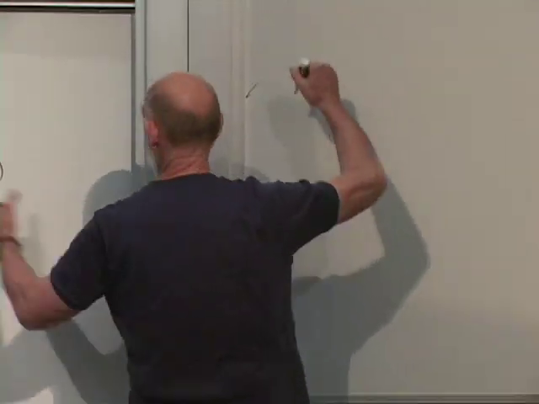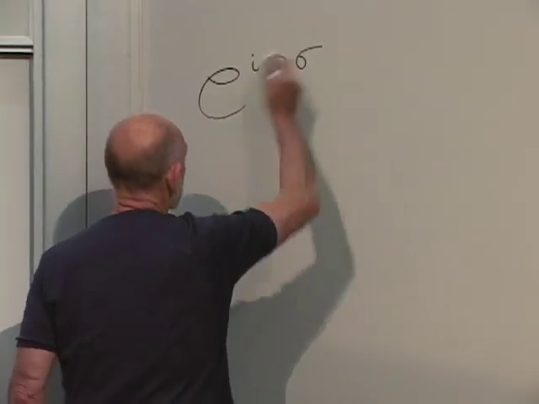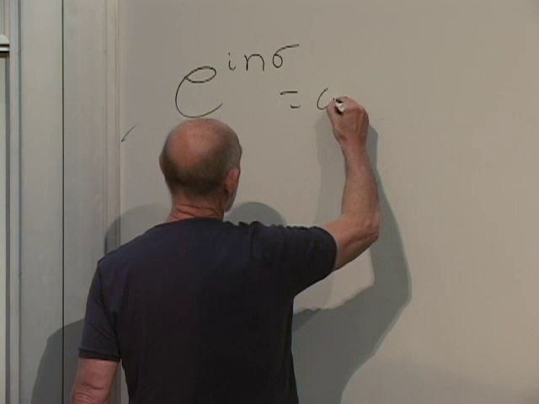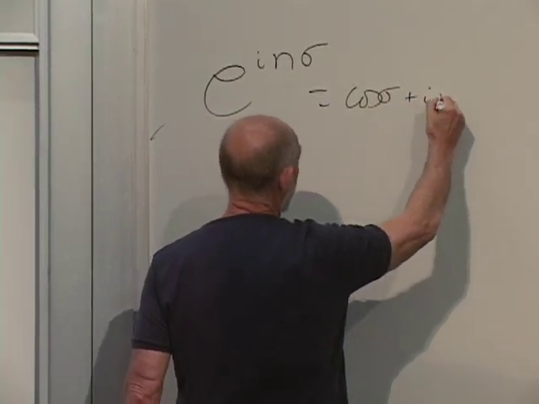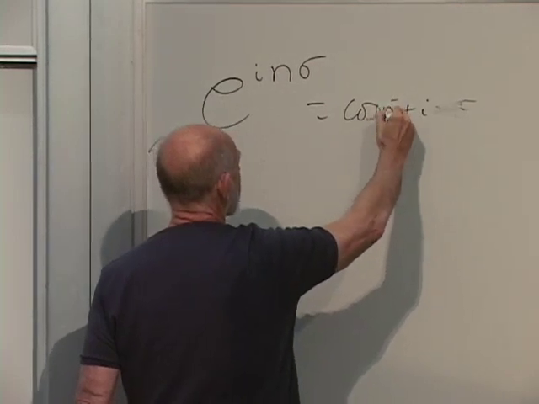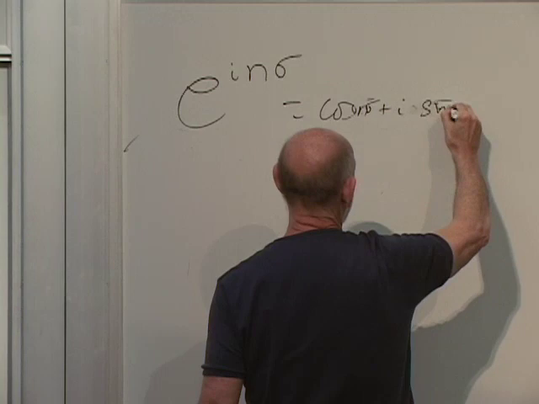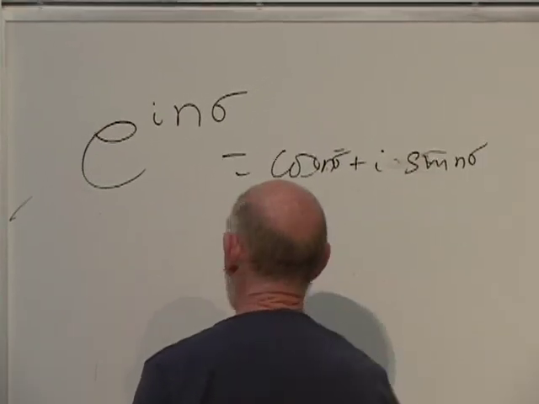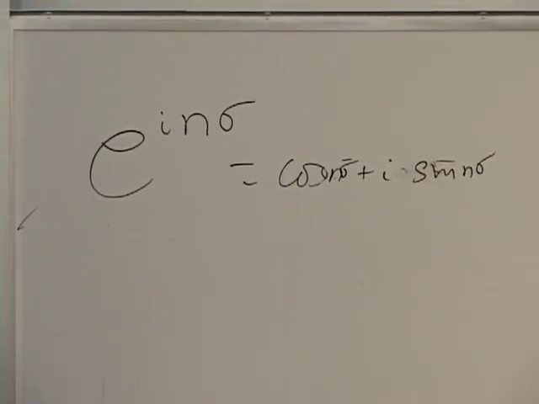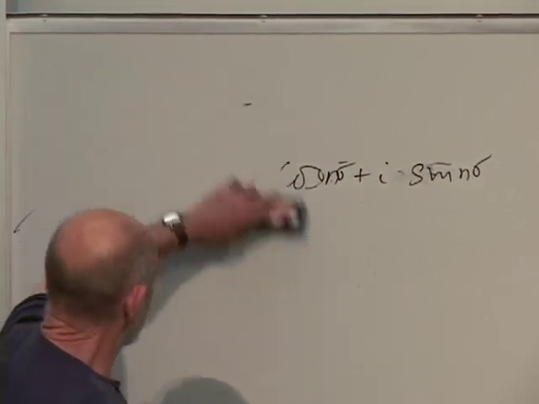And so the kind of waves that you can imagine are e to the i n sigma, which would be, of course, cosine n sigma plus i sine n sigma. We can choose to decompose things into exponentials in this way if we like. So let's do that.